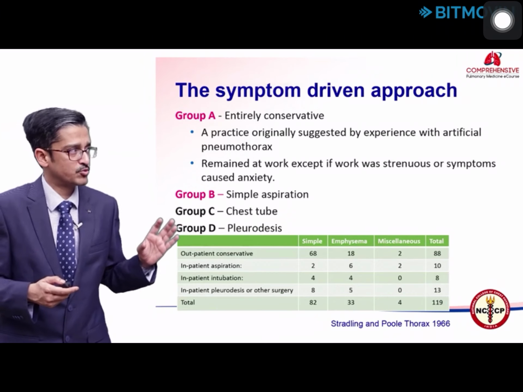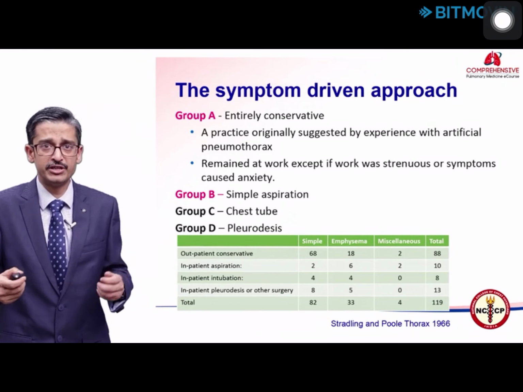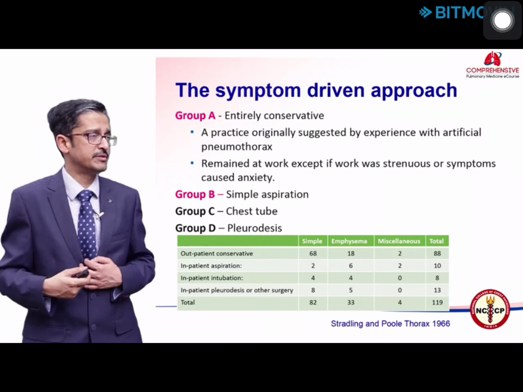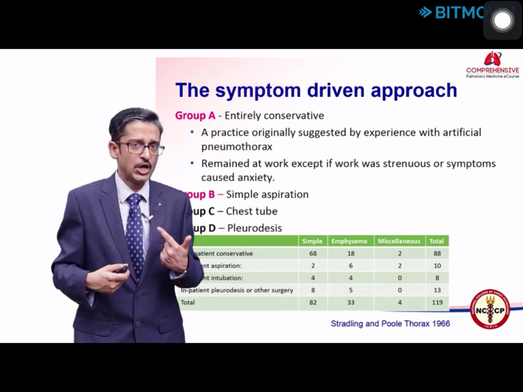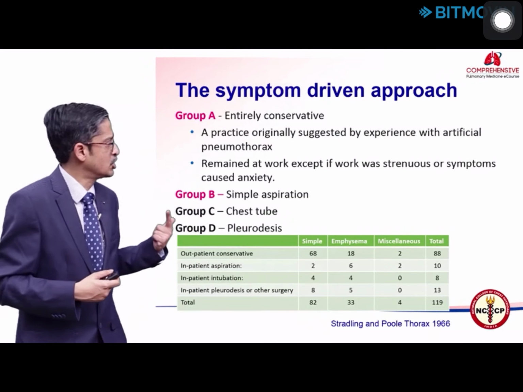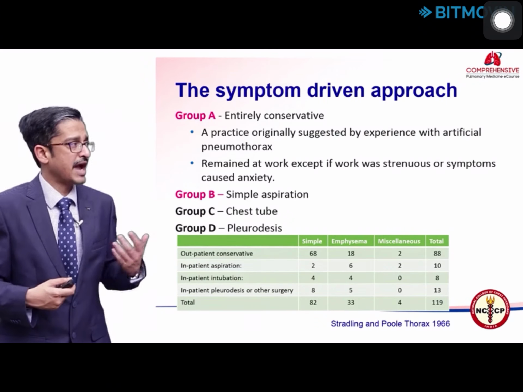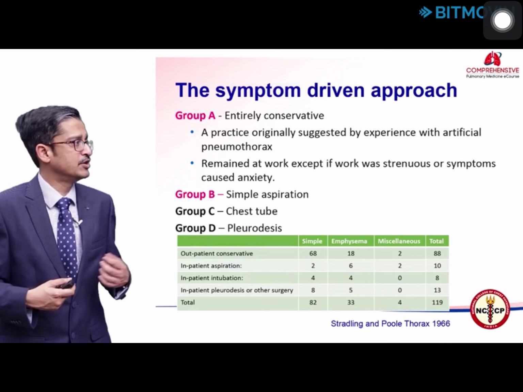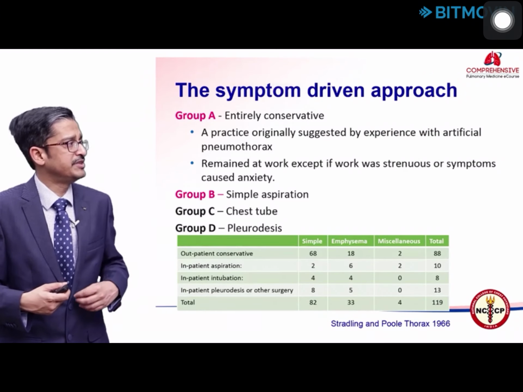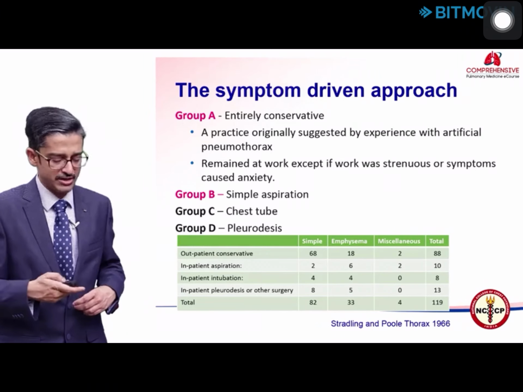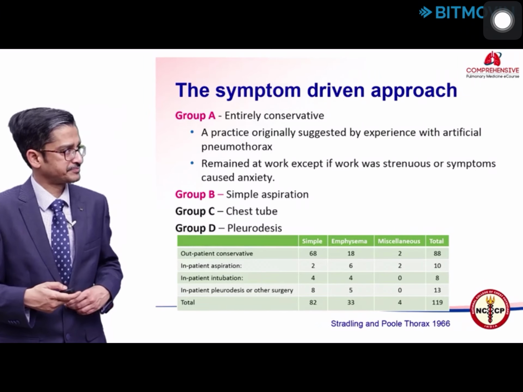These patients remained at work, except if the work involved physical labor. You wouldn't let them work in that case. Then you've got group B, C, and D. Group B is simple aspiration, group C is chest tube drainage, and group D are patients in whom they would end up having a pleurodesis. And you see the different groups on that particular chart, which I'm not going to read out for you.